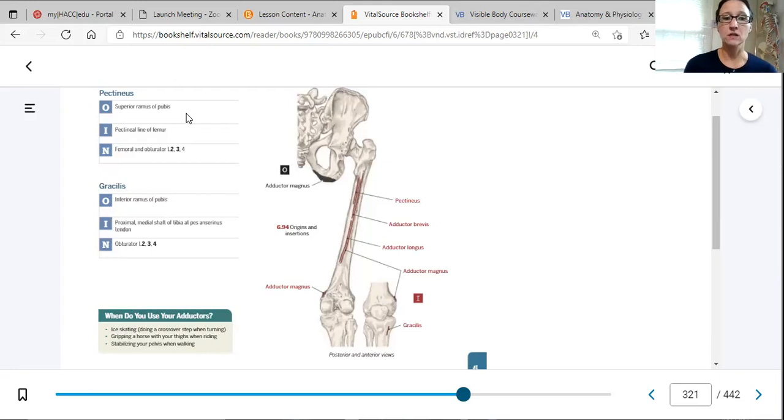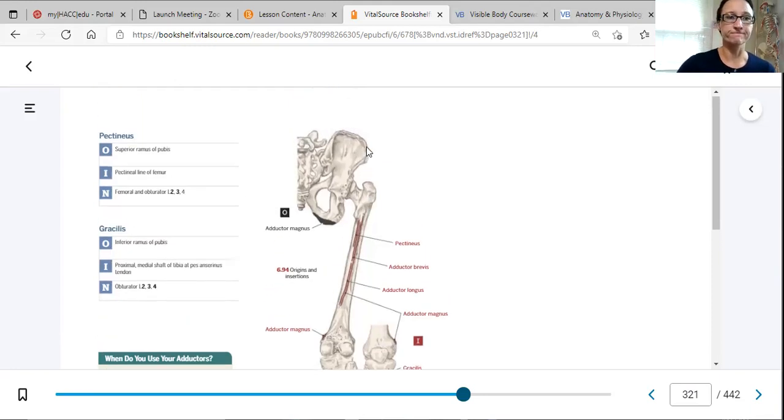Pectineus is actually the groin muscle. So when somebody pulls their groin, like they accidentally do a split, and that happens on occasion, or they fall and they have a high adductor strain, they'll say, I pulled my groin, or something like that.